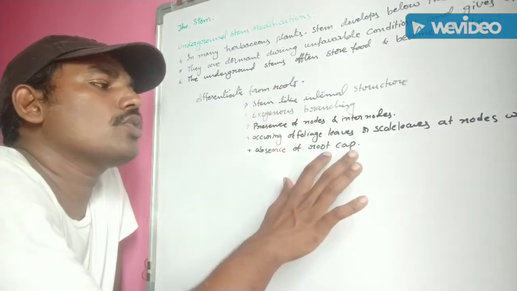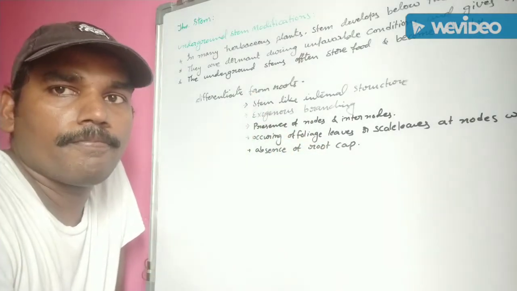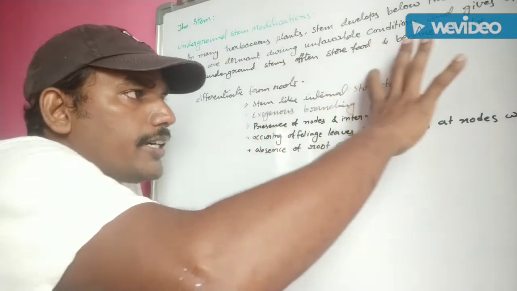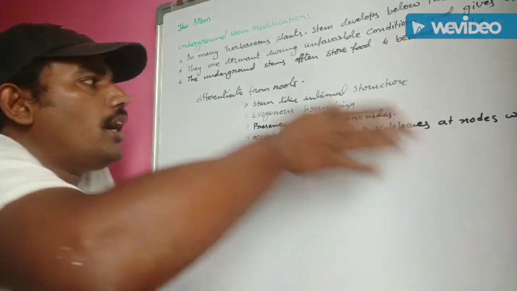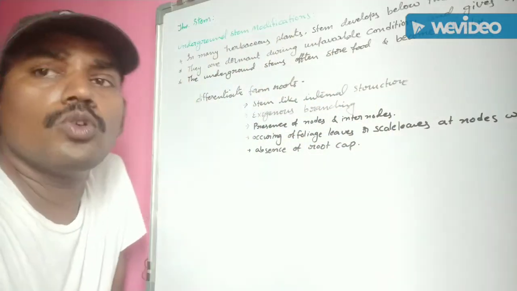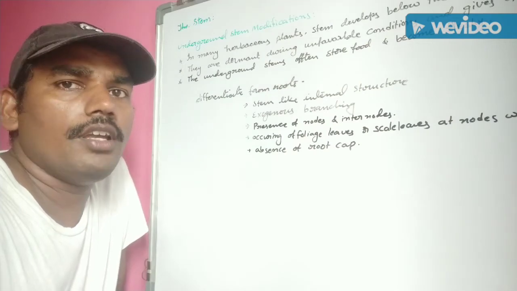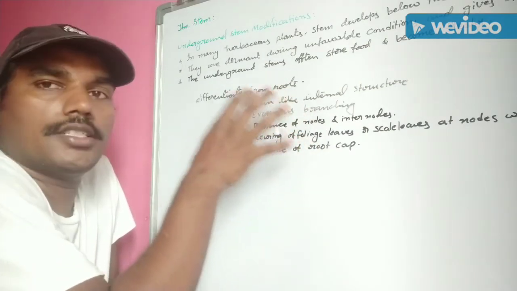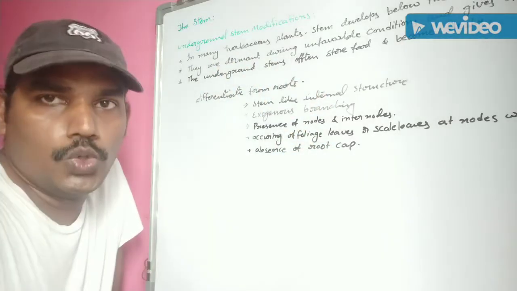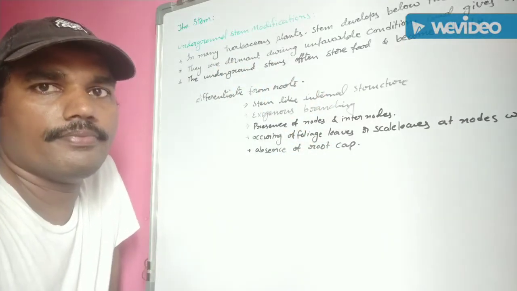Because of this reason, root cap is absent. Because of these characters maintained by the underground stem, it is differentiated from the root. Okay, these are the main characters. The stem is differentiated from the root. Understand?